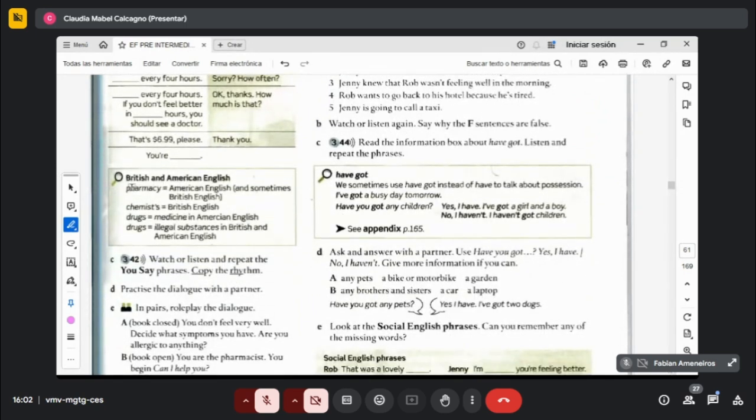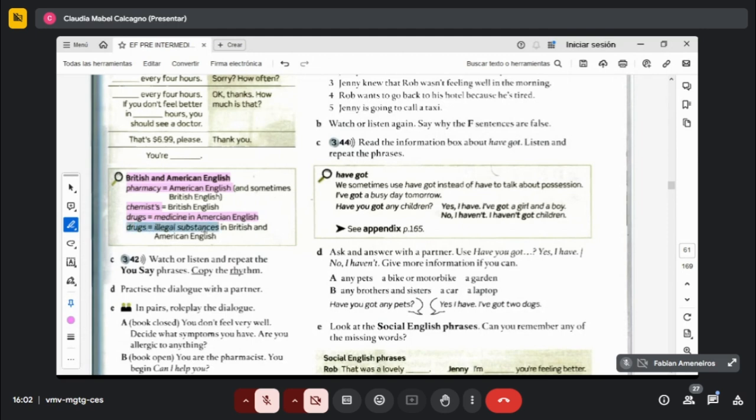You have something here to pay attention to, right? It says British and American English. Pharmacy is American English. And sometimes British use the word pharmacy. If not, they use chemists, okay? So chemists is farmacia. Pharmacy and chemists are the same. Pharmacy is American, chemist British. Sometimes in the UK, they use the word pharmacy as well. And then drugs, it says drugs, medicine in American English.